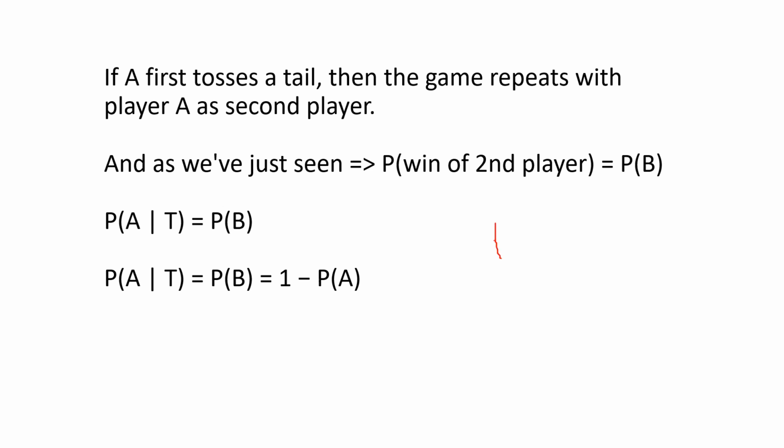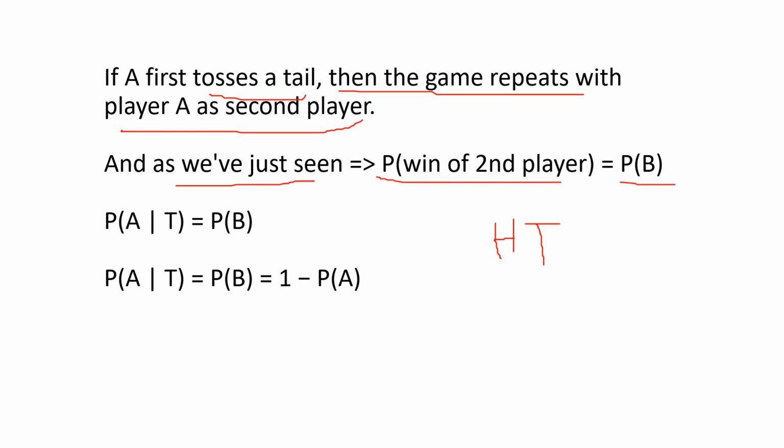Now the winning sequence in this question is heads and then tails. So if A first tosses tails, then the game repeats itself with A as the second player. And as we have just seen, the probability of win of the second player is PB. So probability of A given tails becomes equal to PB, and we can write PB as 1 minus PA.